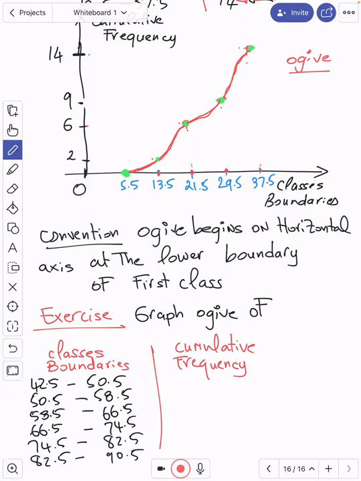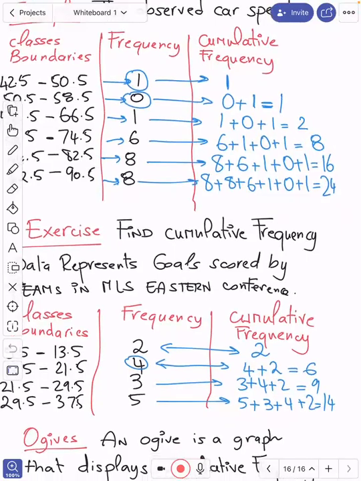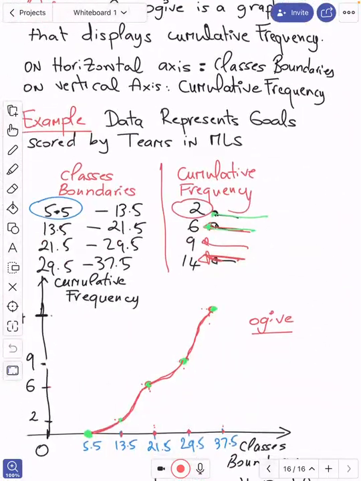Now, for the cumulative frequency, we had 1, and then, sorry, I forgot. Well, what's the next? I think it's 1. Yeah, sorry.